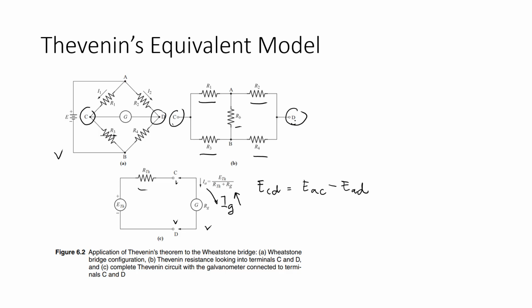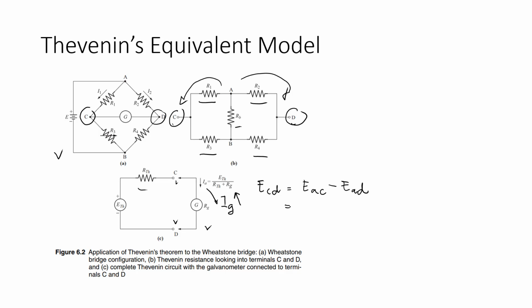If we want to measure the potential difference between C and D, we can use this one, E_AC minus E_AD.